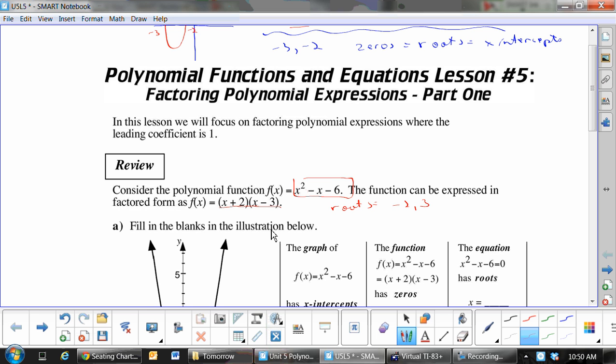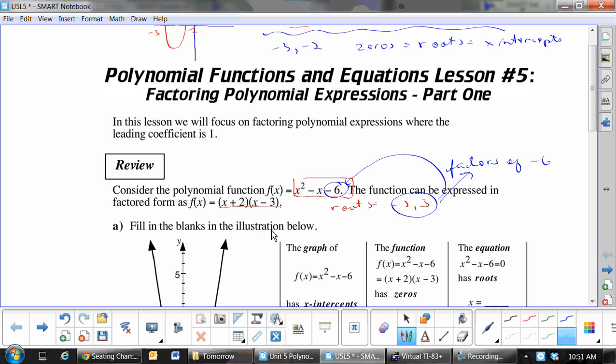Here's where this gets confusing. -2 and -3 are factors of -6. So, how are we going to be looking for our roots?